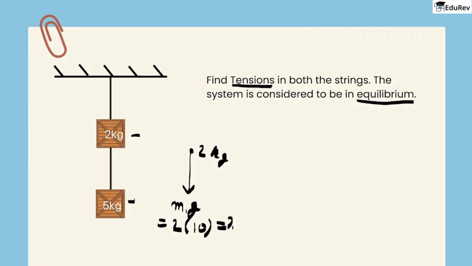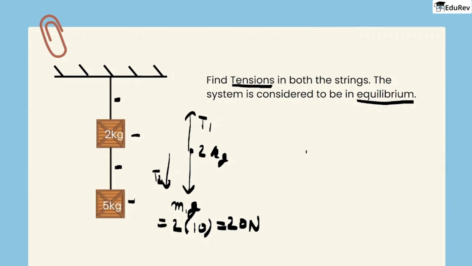So we get 20 newtons. A separate force is acted upon it by this string, which is tension T1. Also, this string acts as tension T2.